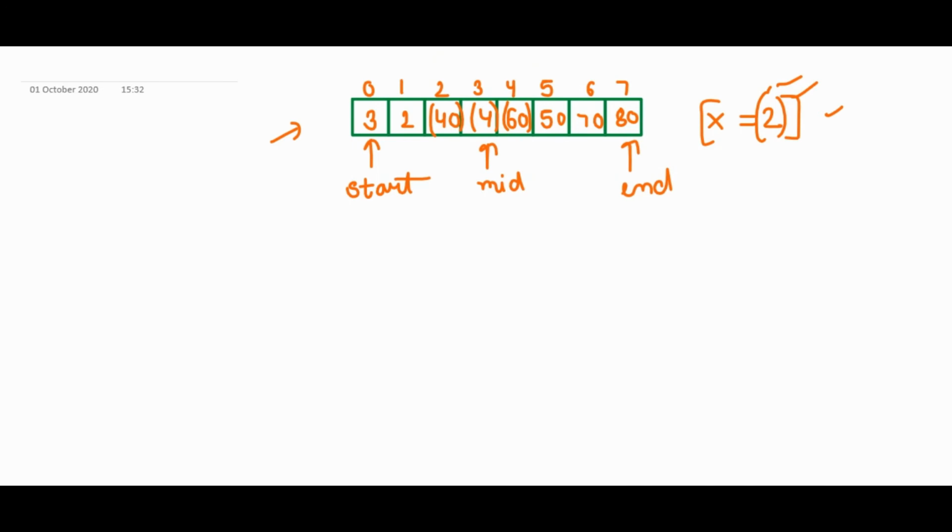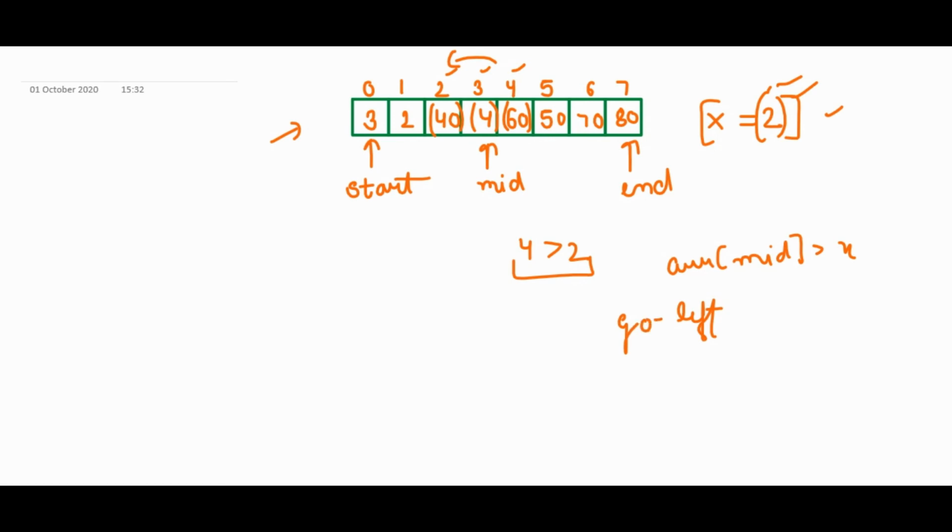So as you can see here, our 2 is not equal to our mid plus 1 or mid minus 1th element. Okay, so now we have to compare 4 and 2. So 4 is greater than 2, that means our element will be on the left side because our array of mid element is greater than x. So we have to go left.